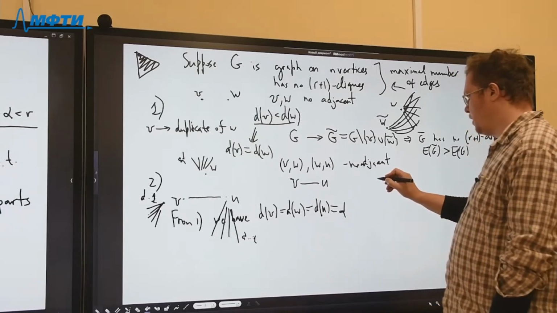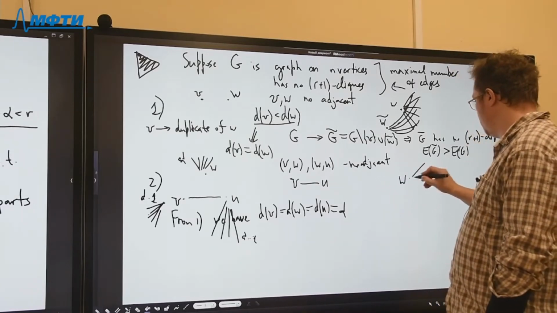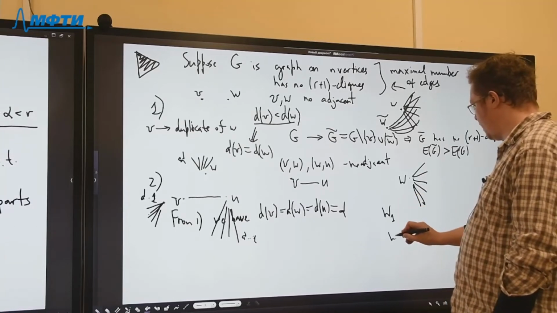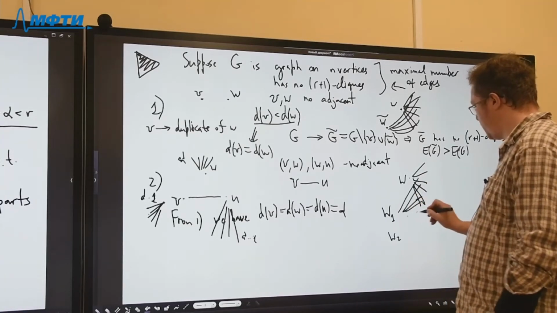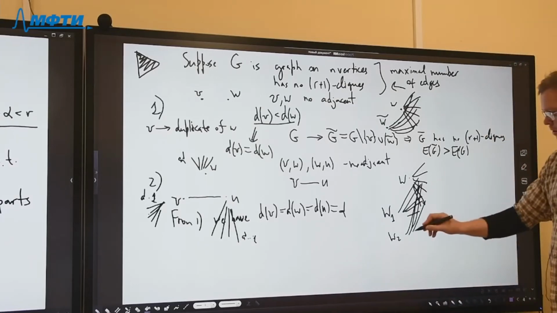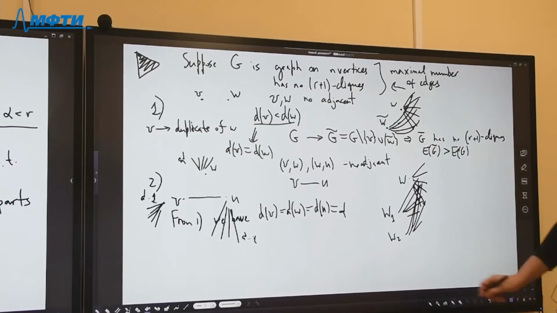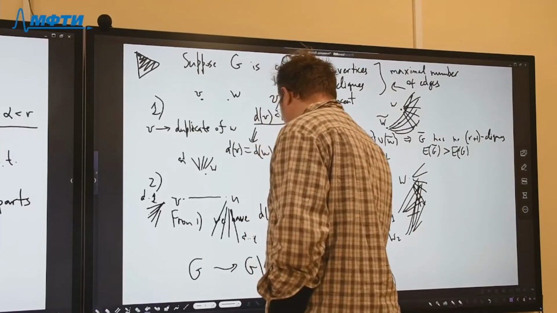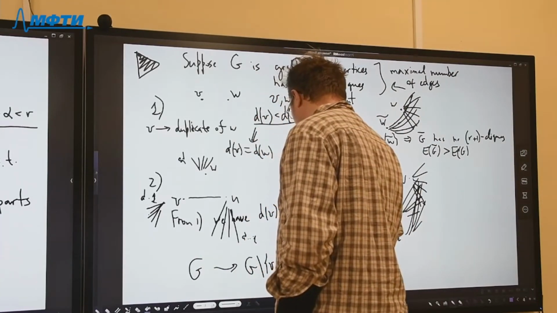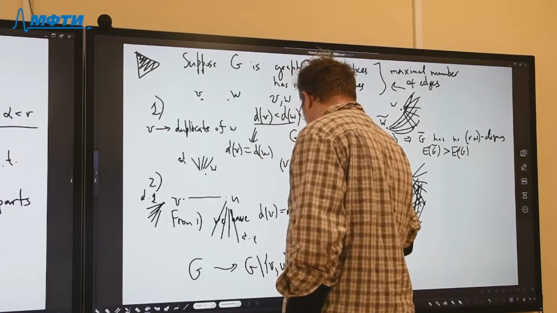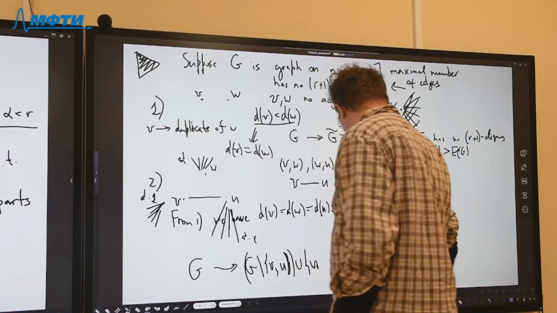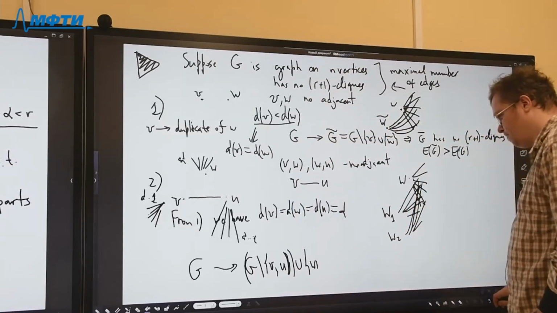So we have W. We make W1 and W2 duplicates of this vertex, and change our graph into a graph without V and U, but with W1 and W2.